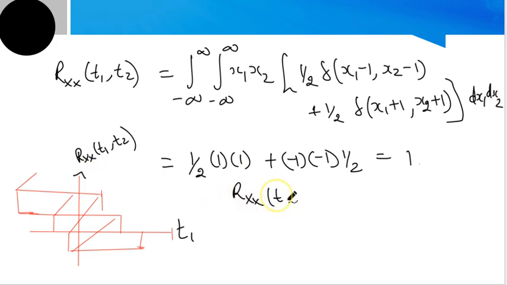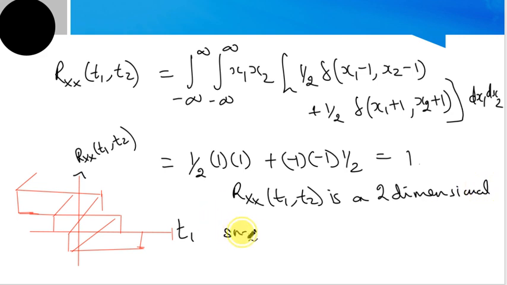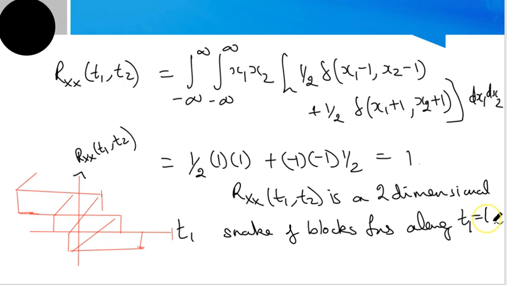Therefore my Rxx of t1 comma t2 is a two dimensional snake of block function along the line t1 equal to t2.